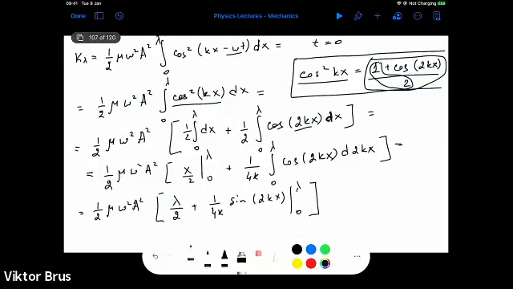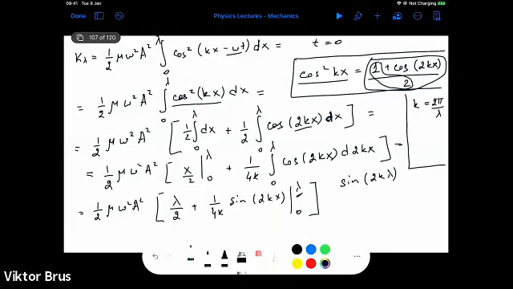But what will be sine 2k lambda when we take this limit? We know from previous discussion, let's write it here, that k is equal to 2 pi divided by lambda. So this is the wave number, angular wave number. We introduced this parameter of the wave previously.